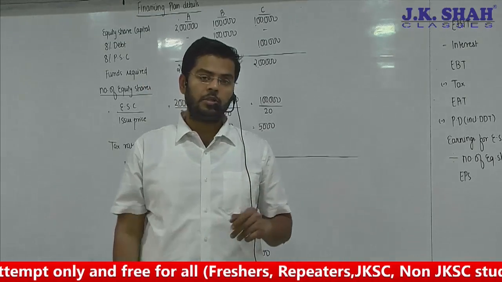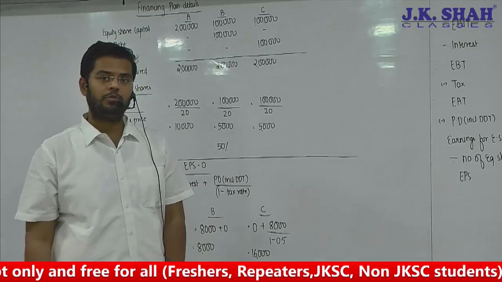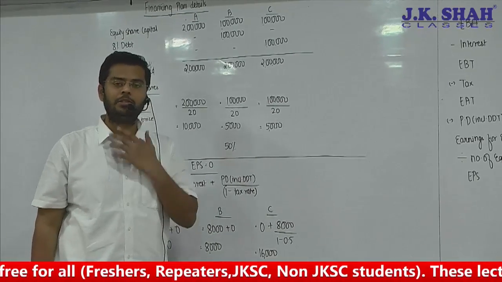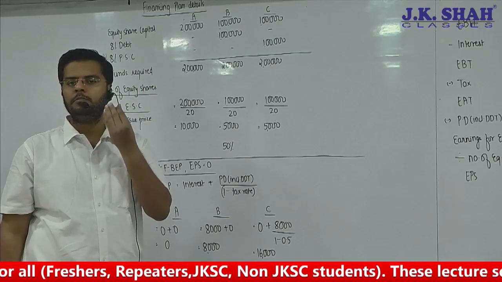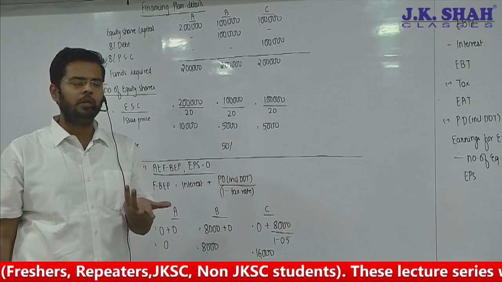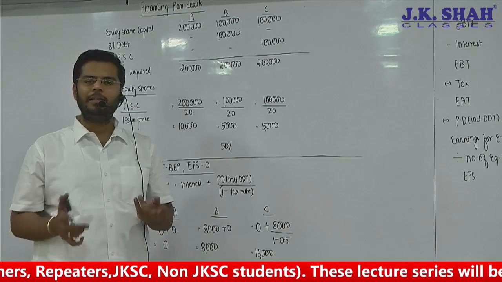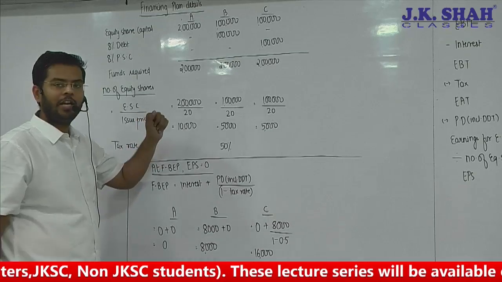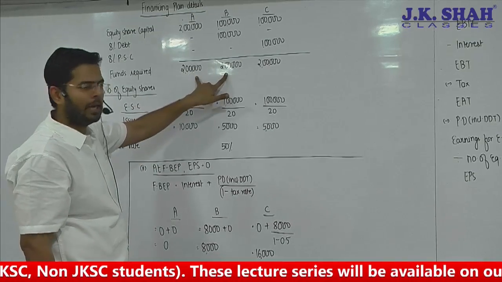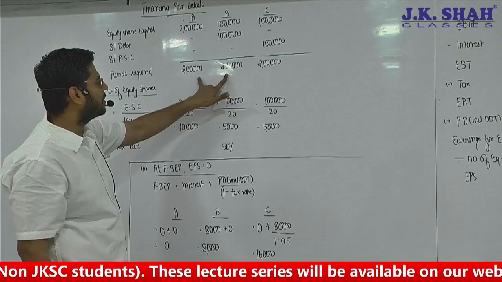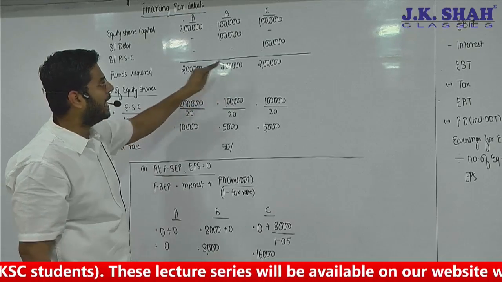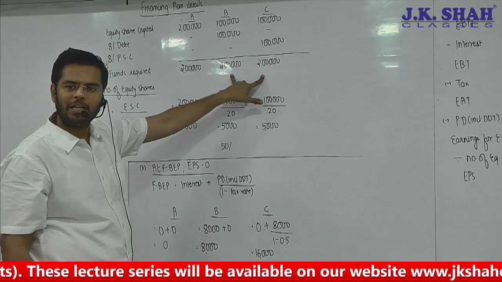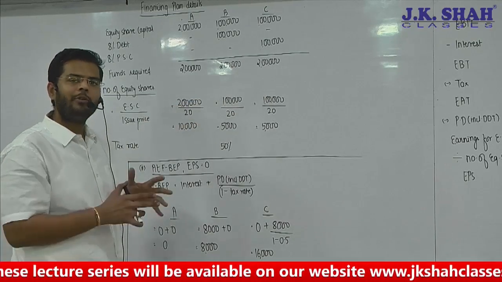But sir, here we have 3 plans. So how would you calculate indifference level amongst these 3 plans? Sir, what's the way out? The only way out is you have to calculate indifference level by selecting 2 plans at the same time. So I will calculate indifference level between plan A, plan B, then between plan A, plan C, and then between plan B and plan C. So you can't combine all the 3 together.